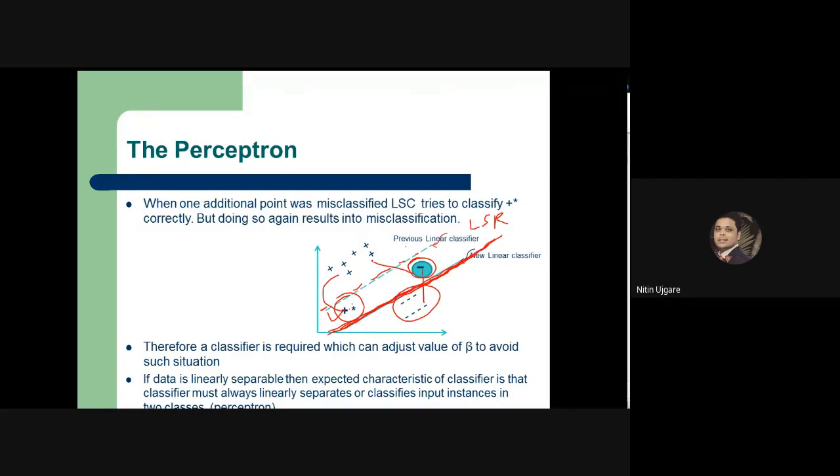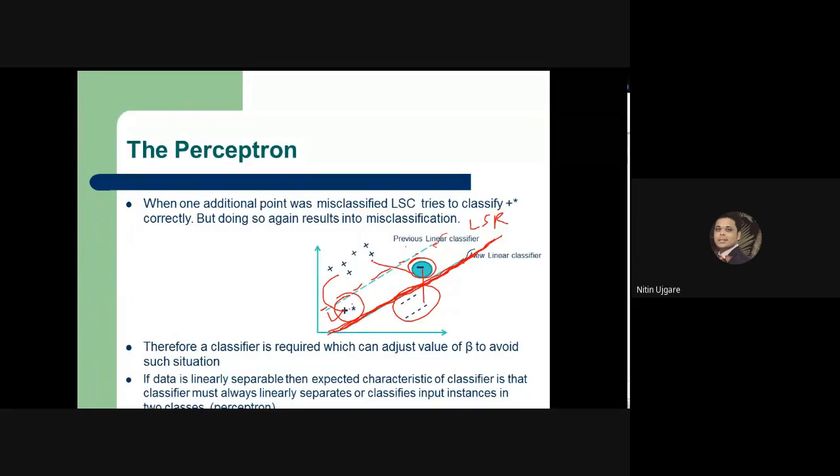Therefore, a classifier is required which can adjust the value of beta to avoid these situations. Whenever the data is linearly separable, the expected characteristic of a classifier is that it must always linearly separate or classify the input instances into two classes.